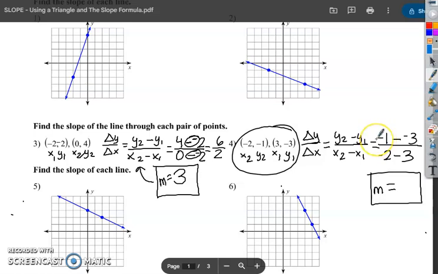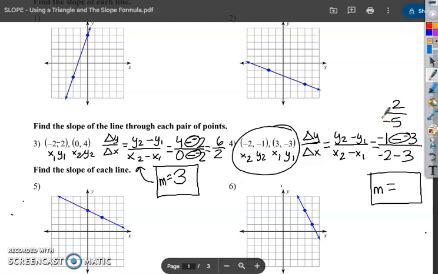Hopefully you've paused and you've solved. If not, do that. I know this one is going to end up being a 2 over negative 2 minus 3. I know that is negative 5. So my slope should be, and it doesn't matter where the negative is, as long as there's only one negative.